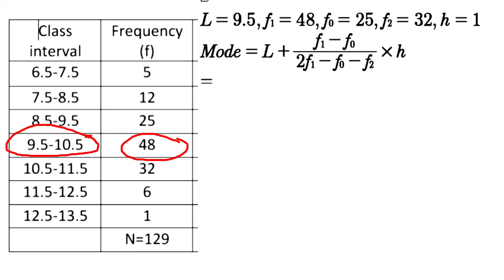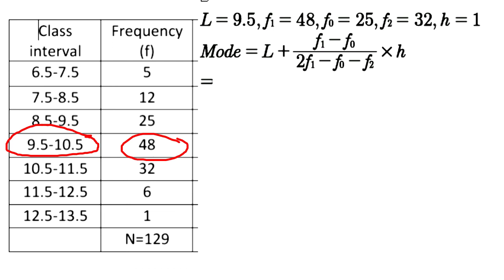So how do we find the modal class? The highest frequency value and its corresponding class interval is called the modal class. Here 48 is the highest value in the frequency column. Therefore, we consider the value 48, and its corresponding class interval is 9.5 to 10.5. Therefore, the modal class equal to 9.5 to 10.5.